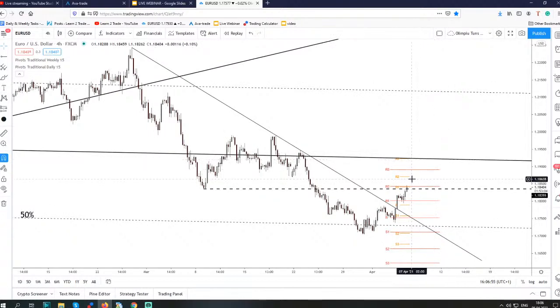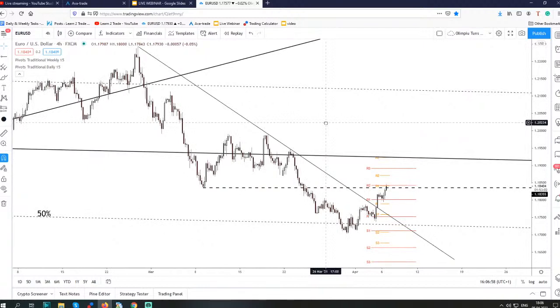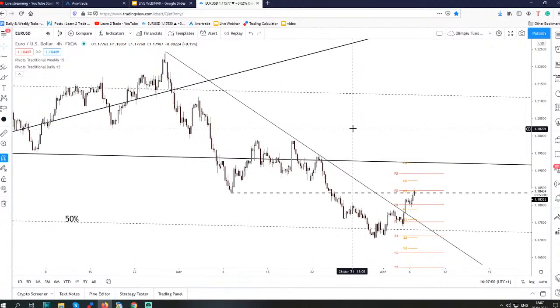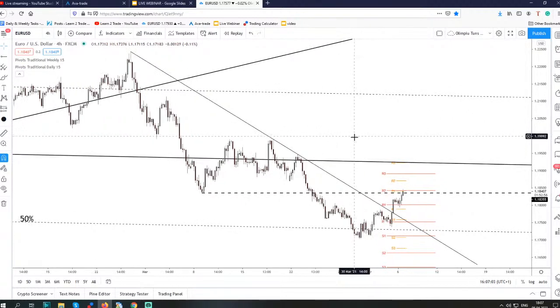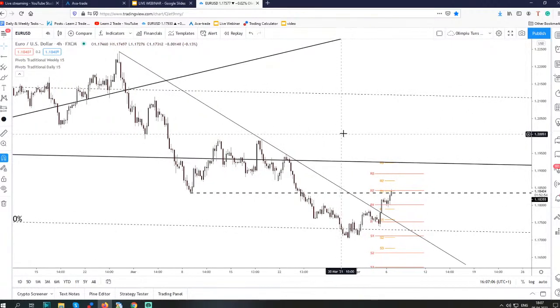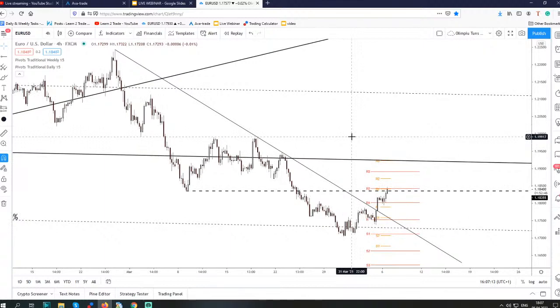Personally, I'm using the Fibonacci along with the Andrew's pitchfork, along with pivot points, dynamic and static support and resistance levels, and other tools. But we will start with, okay, I will also try to read your questions and answer them.